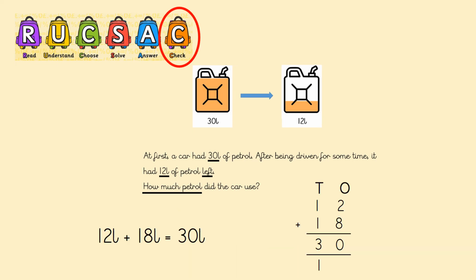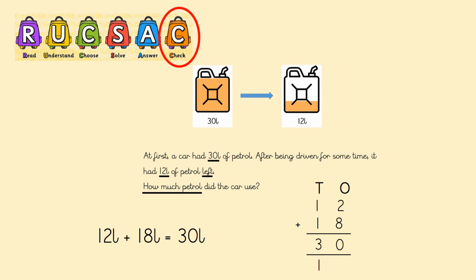And finally, to check. Well, we used subtraction to solve it, so we're going to use the inverse to check, the opposite. The opposite of subtracting is adding, so 12 plus 18 litres should equal 30 litres. I'll use my column method to check. Looking at the ones, I've got 2 ones plus 8 ones, that gives me 10 ones.